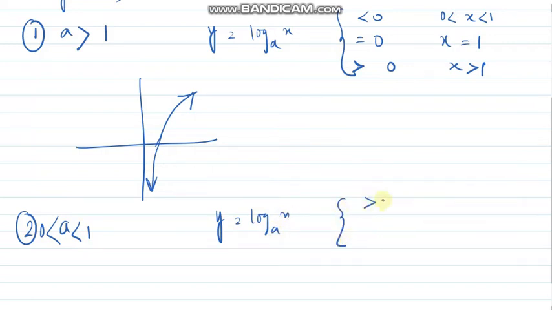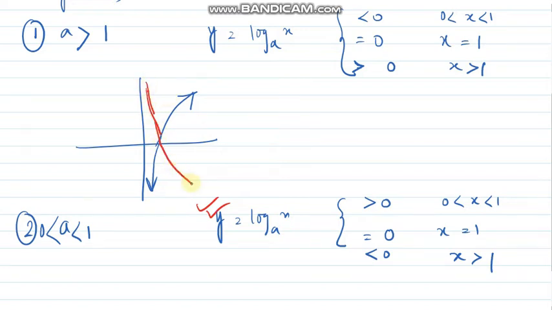It will be greater than 0 when x is between 0 and 1, equal to 0 when x equals 1, and less than 0 when x is greater than 1. If I draw the graph for this function, it goes in the opposite direction, and it meets at 1. This will be the graph of the second case, and this will be the graph of the first case.